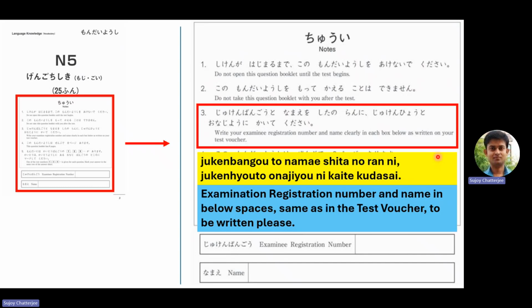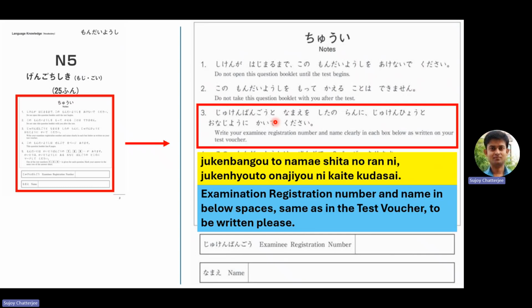The third instruction is Juken bango to namae shita no ran ni Juken hyo to onaji yo ni kaite kudasai. That means Juken bango. Juken bango means examination registration number. Bango means number and Juken means examination or test, which is nothing but the registration number. To means and. This is the to particle which means and.